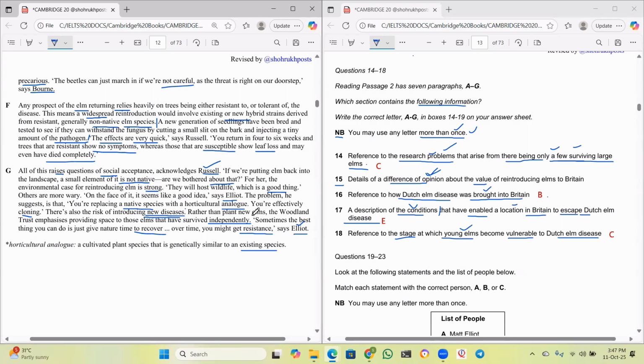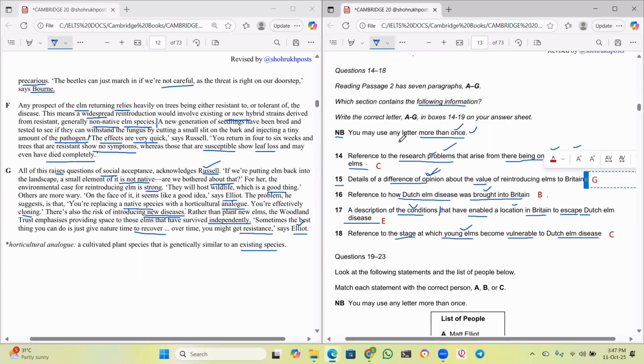That's what Eliot says. So there is a difference of opinion. You see that? Russell and Eliot, there is a difference of opinion between them. So, details of difference of opinion about the value of reintroducing elms to Britain. Yes, sir, exactly. So I think G is exactly matching with this one. So my answer would be G.